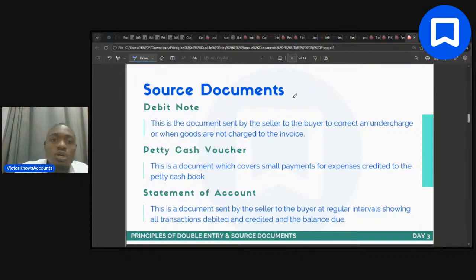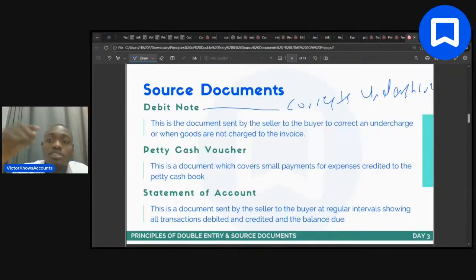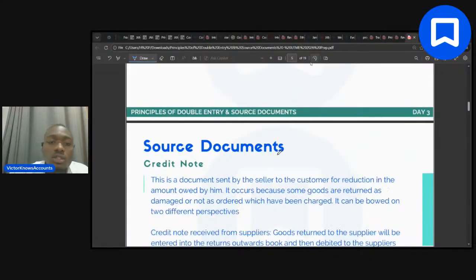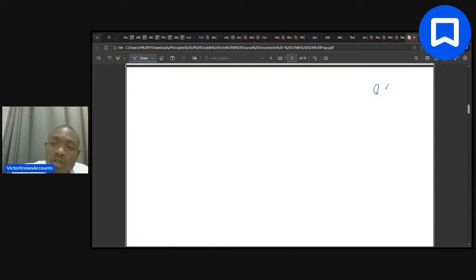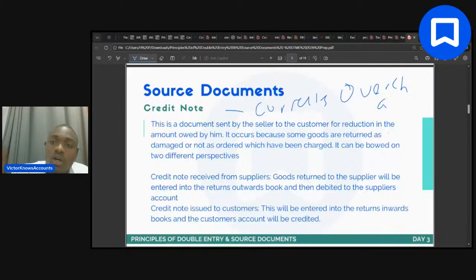All right, so debit note corrects undercharge, while your credit note corrects overcharge, that is when your money is too much, for example.